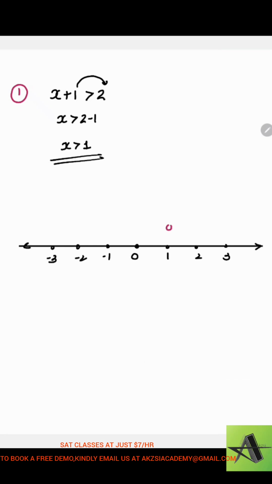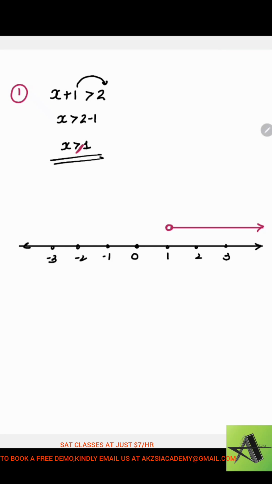So all the values of x that are greater than 1 will be considered, till infinity. As I told you, in inequality you will get a range of values. So you can clearly see x can take all those values that are greater than 1.